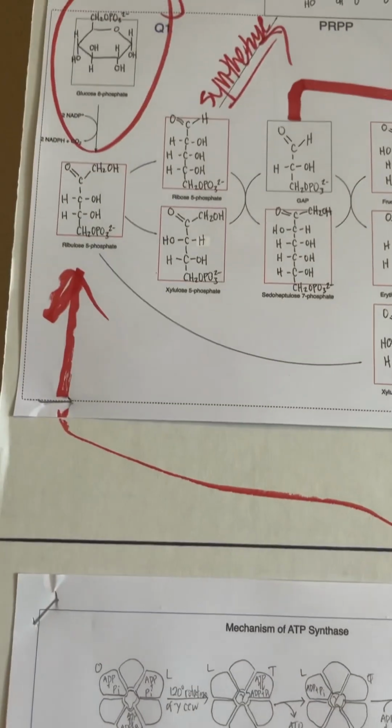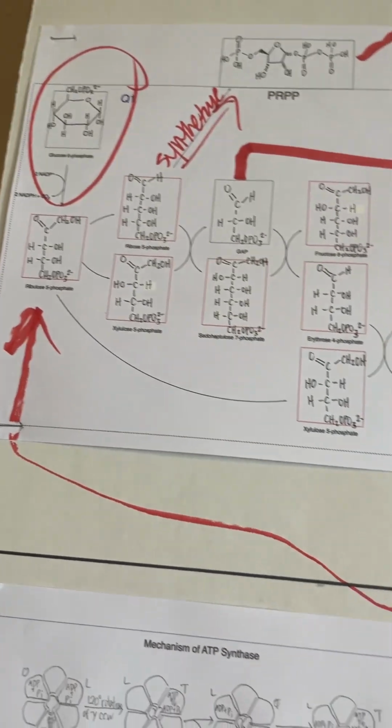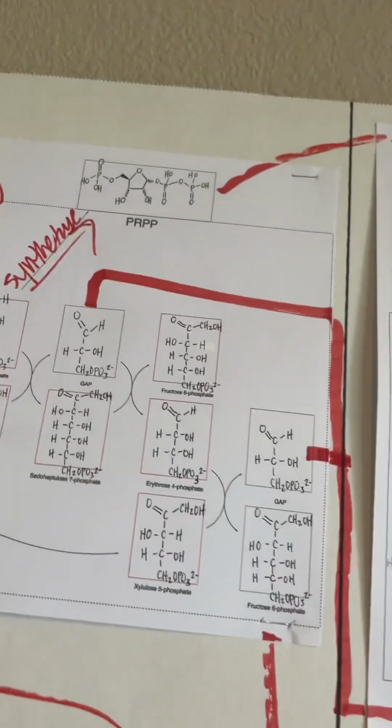And so our glucose 6-phosphate here will eventually be synthesized into ribose 5-phosphate by the use of the PRPP synthetase here. And here is where we eventually transfer our PRPP over here to this pathway right here.